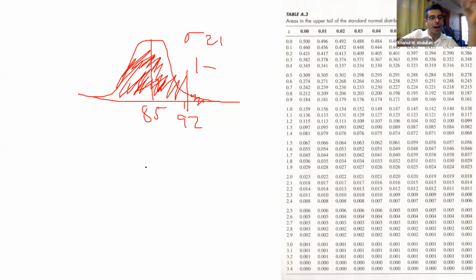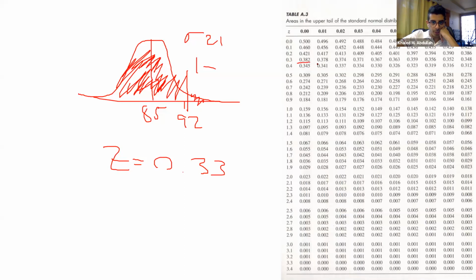I want to see only the z. Give me the z value. Right, so what's the z? What did everyone get? 0.33, right? 92 minus 85, and divide that by 21. It's 7 over 21. 7 divided by 21 is 0.33, right? So let's find 0.33.